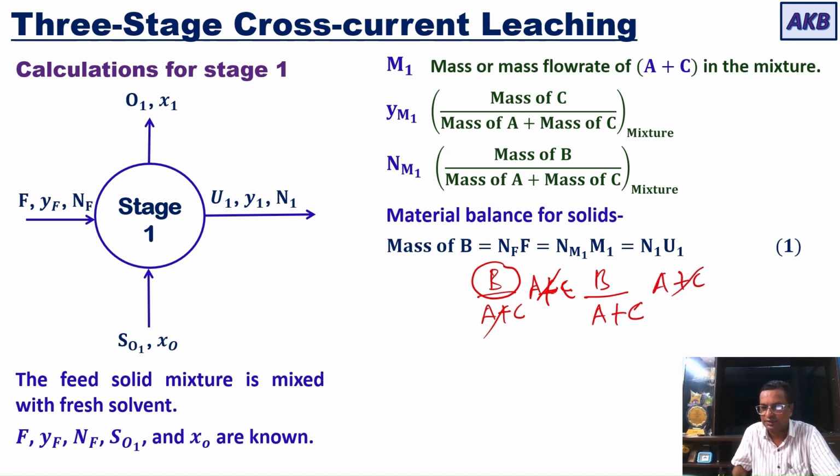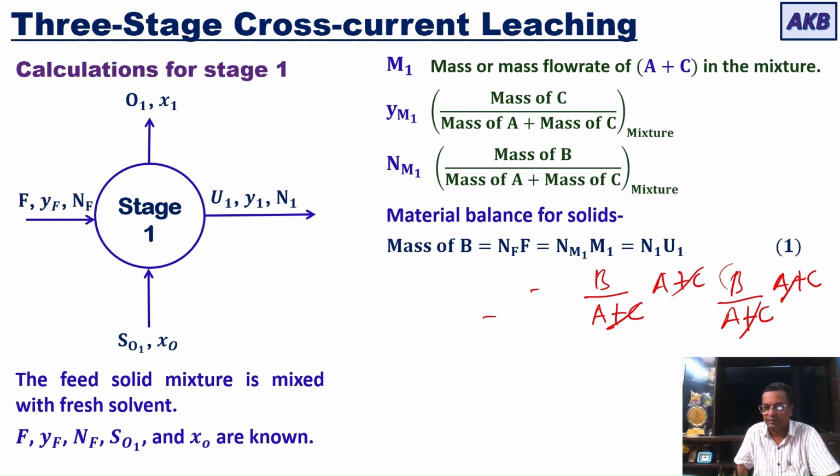So A plus C gets cancelled, you are left with B. Similarly, N1 is B upon A plus C in the underflow that comes out of stage number 1, and U1 is A plus C in the underflow. So this and this will get cancelled and you are left with B. So ultimately you are writing material balance for B.